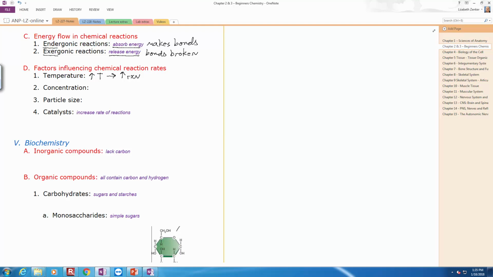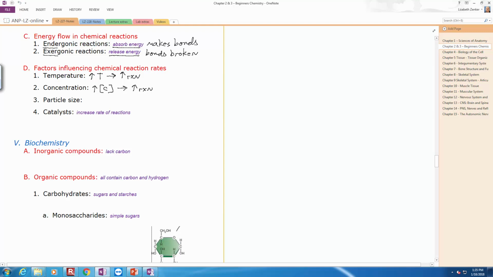Oftentimes when you see concentration, it has brackets around it, and I'll just put C because we're being generic with a concentration of something. So if we increase the concentration of our reactants, then we would also increase the reaction rate, and vice versa. If you have very little reactants, a low concentration, it's less likely to bang into something to form the new bonds or break down, okay?